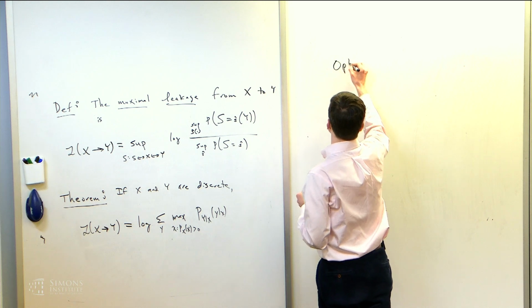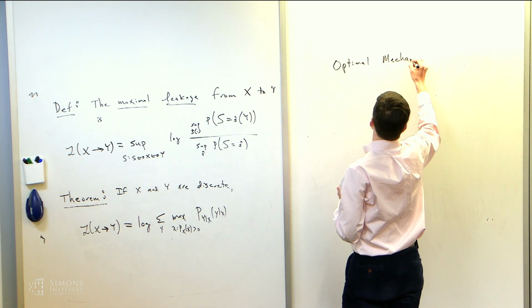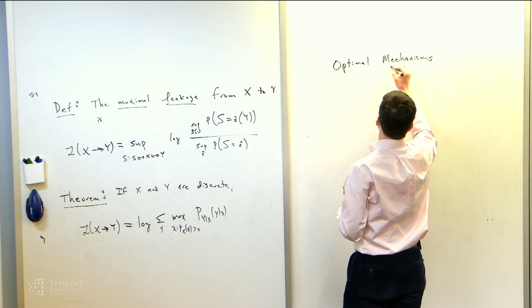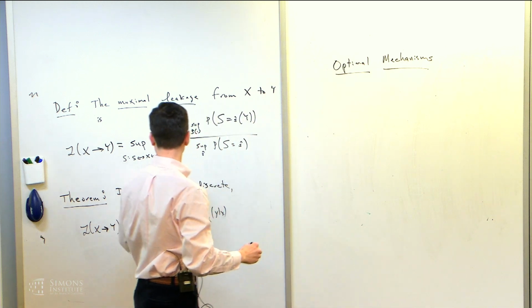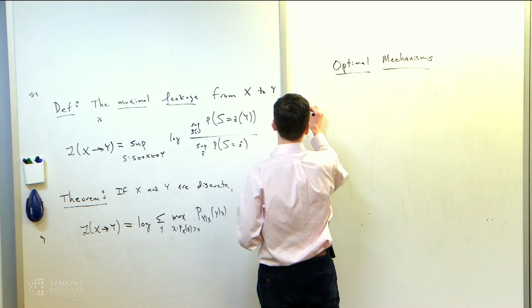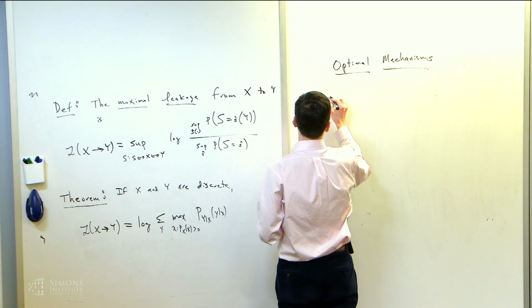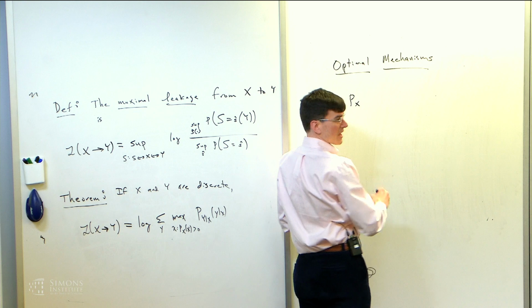So it's just a comment on optimal mechanisms. Let's consider choosing P(y|x) to minimize the leakage subject to an average cost constraint. Suppose you're given the distribution for x.